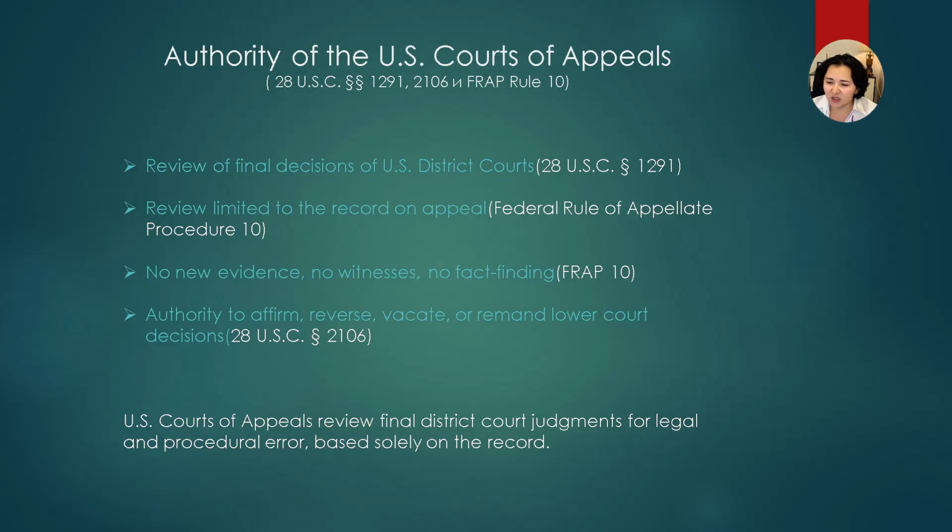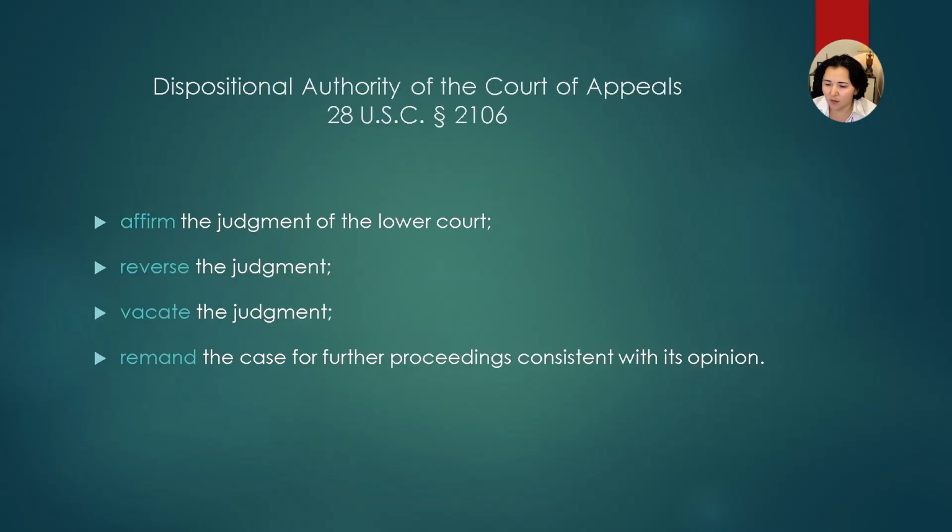The role of U.S. appellate courts is narrow and clearly defined. Their task is to review whether the trial court correctly applied substantive law and properly complied with the procedural rules. In other words, appellate courts determine whether a legal or procedural error occurred at the trial level.